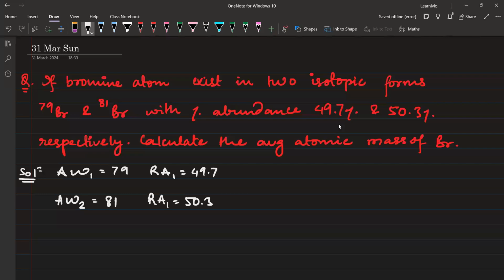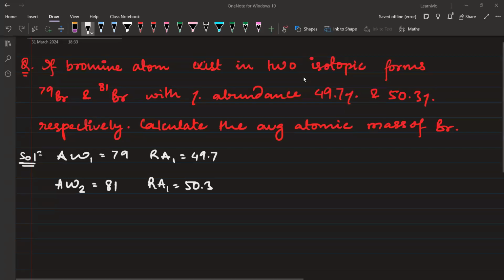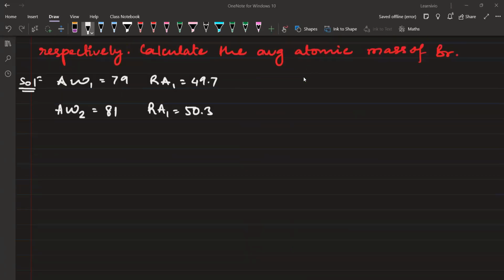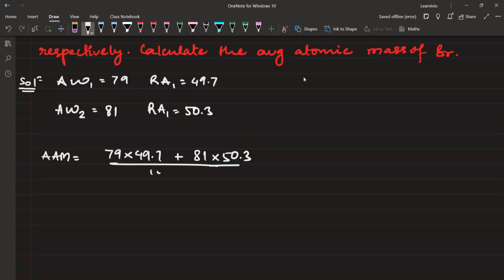Both are approximately 50 percent, so you can also take the normal average and get approximately the answer. That is fine. So the average atomic mass will be equal to 79 into 49.7 plus 81 into 50.3, the whole thing divided by 100.